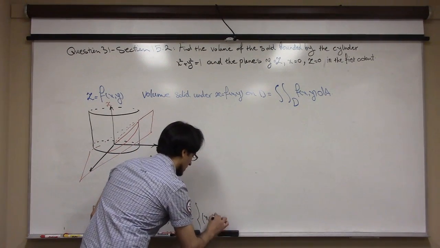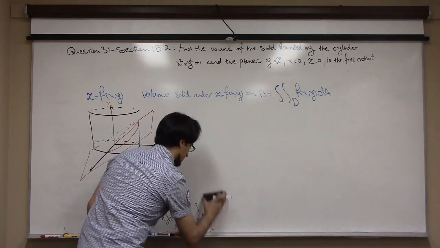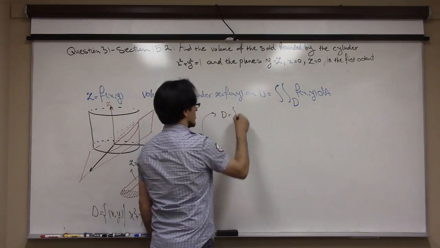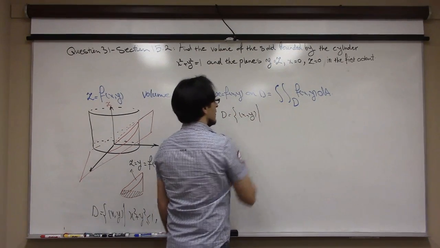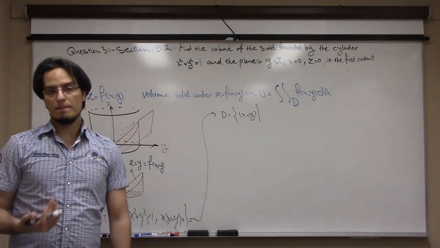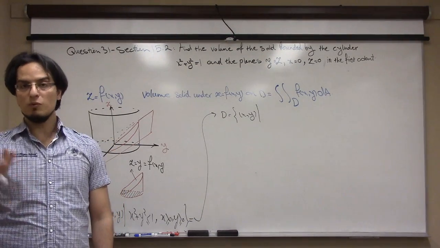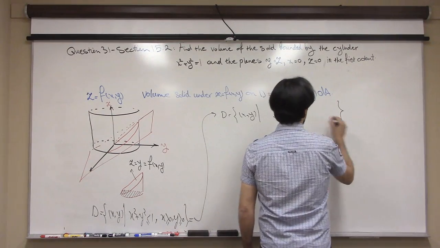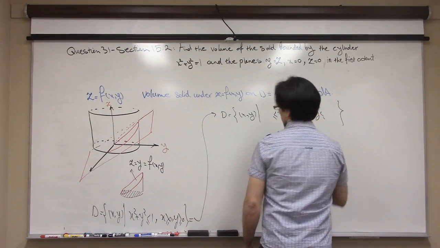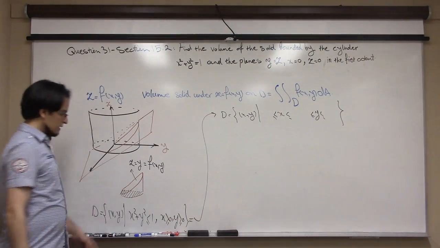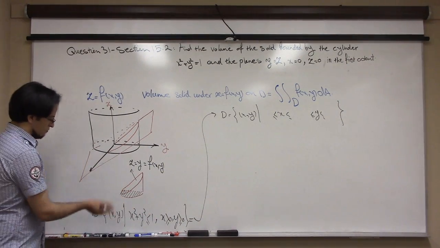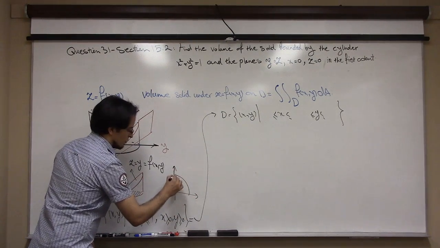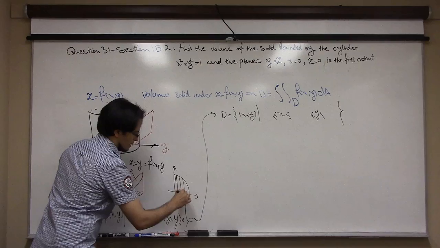So D is all x, y. Let me write it in type 1 form, meaning that x goes between two numbers and y goes between two functions of x. In this case, you can easily see, basically I'm trying to rewrite one quarter of this disk, yes?